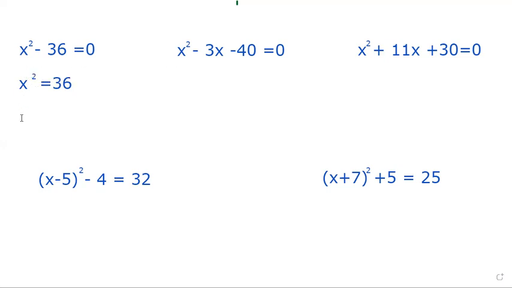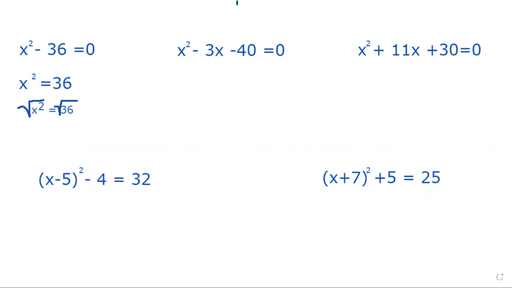And now we want to take the square root of both sides. We want to take the square root of x squared and the square root of 36. Remember, that's how we get rid of our squared term.